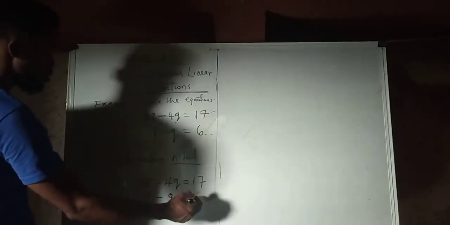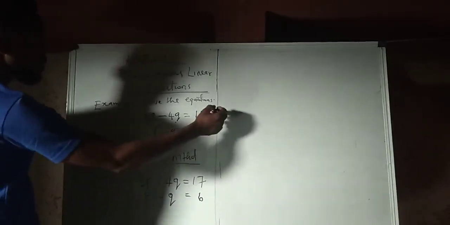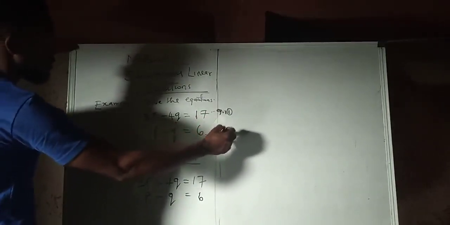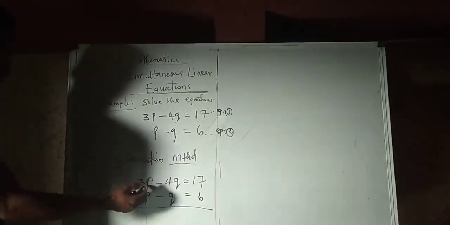So looking at this, if I call this equation 1 and this equation 2, I'm using eqn for short to represent equation. Alright, so if I subtract, 3p minus p is going to give me 2p.